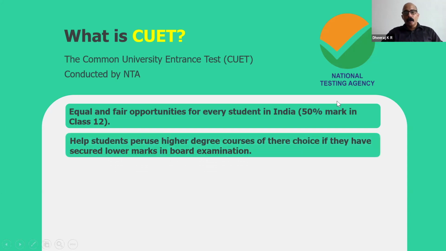Now, this exam will help students pursue higher degrees in the most prestigious colleges in the country, even if they have secured lower marks in their +2. I have seen many students who are excellent in literature.